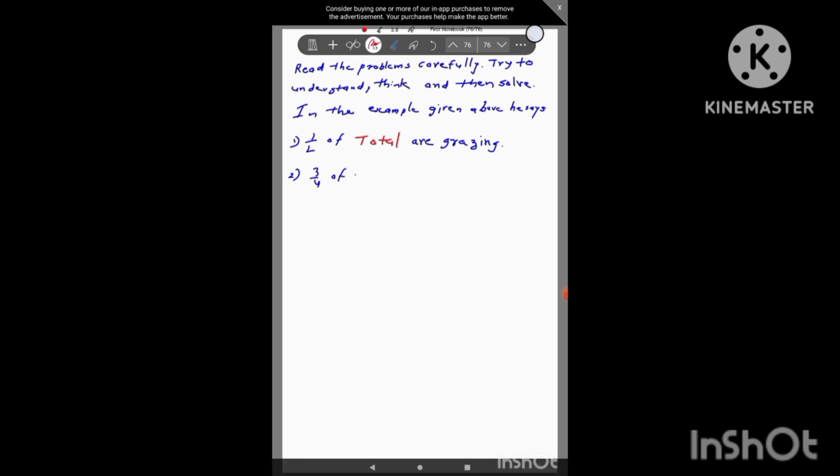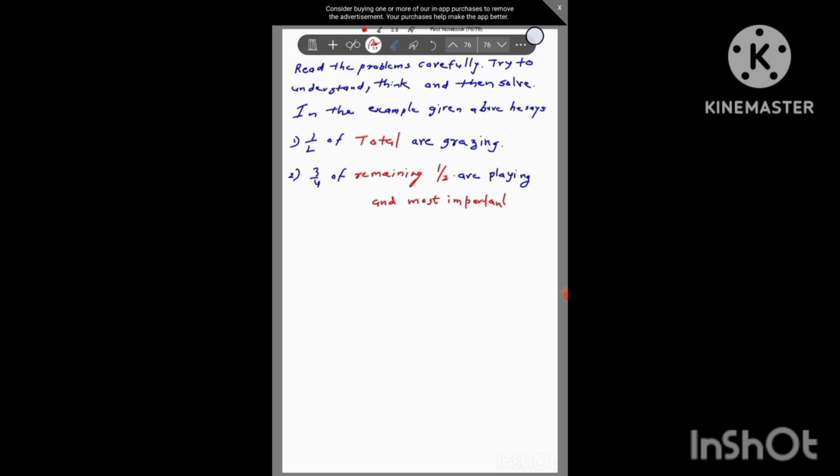Now, three-fourth of the remaining half are playing, not the total, remaining half. So do note this point. That is very important. Of the remaining half, three-fourth goes away for playing, then what is remaining is one-fourth.